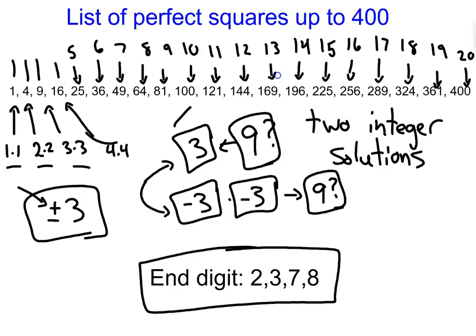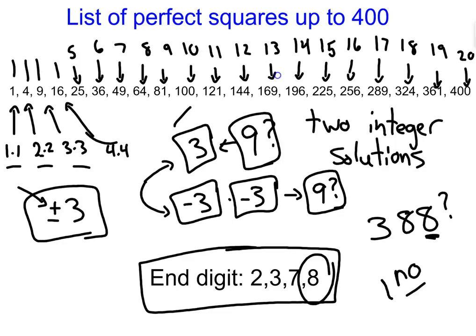For example, if I asked you, is 388 a perfect square? You would say no, right off the bat. It ends in an 8. And following the pattern, there are no perfect squares that end in the number 8. Same with the number 2, the number 3, and the number 7. That is one quick way of determining a perfect square or not.